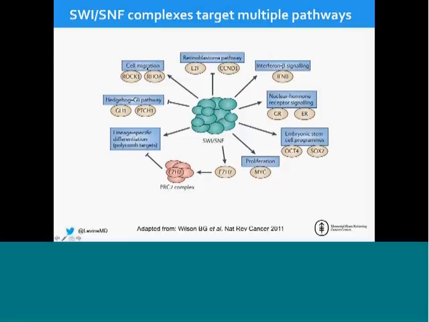You can see them here: migration, signaling, other sorts of hormone programs, and importantly, proliferation. And a lot of this control is regulated through something called EZH2, which will become more important later in the presentation, but this is a very important complex for controlling biologic functions.